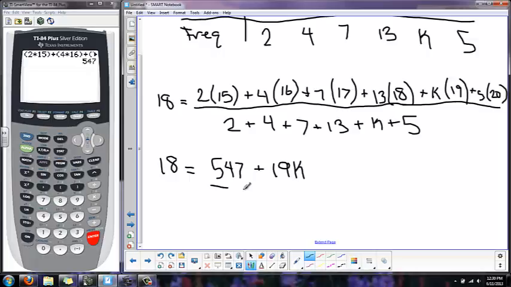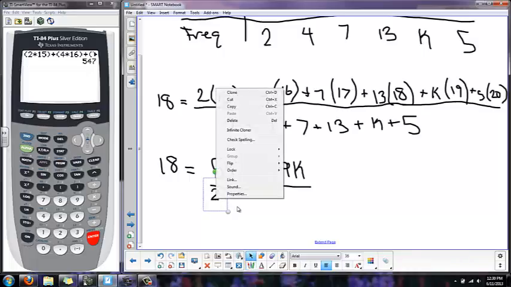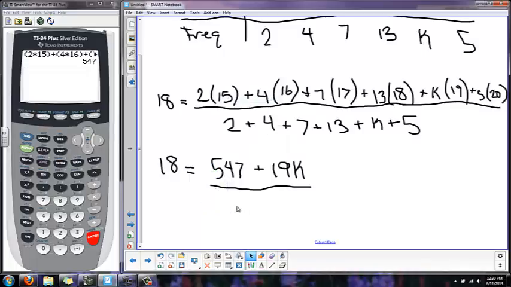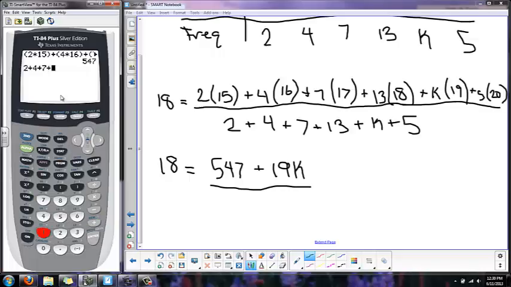Now, in the denominator, I have 2 plus 4 plus 7 plus 13 plus K, which I don't know, plus 5. Hit enter. That's apparently 31 plus K.